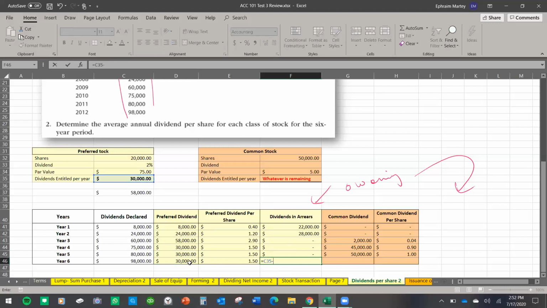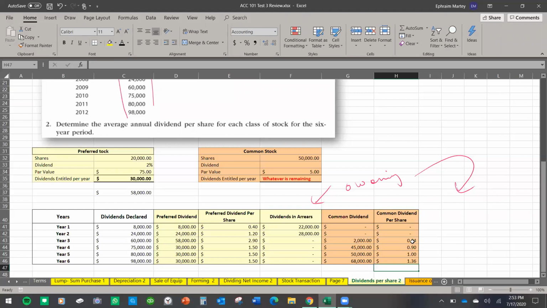This one minus, and we pay that. And then the common stockholders are feeling better with themselves this time because they are going to get 98 minus 30, which is 68,000. And then earning per share will be how much they got divided by the number of shares, which is 1.36.